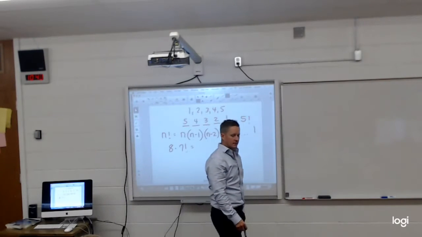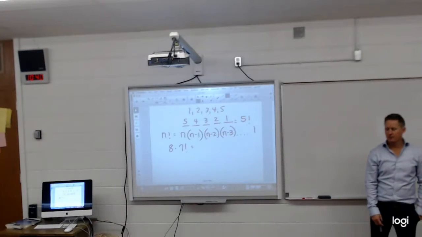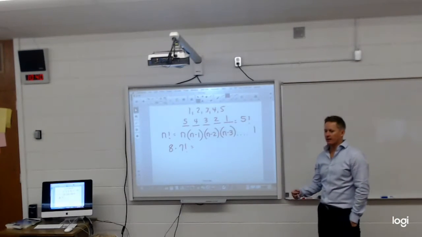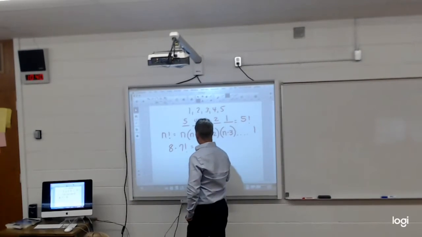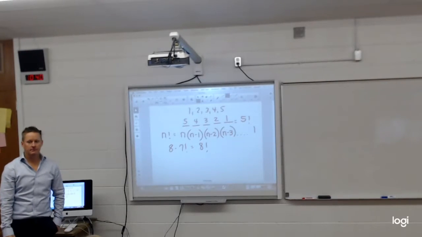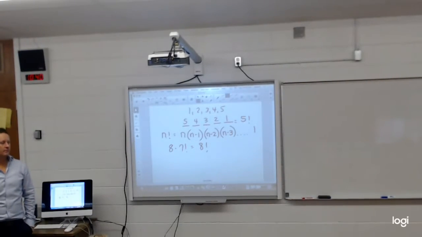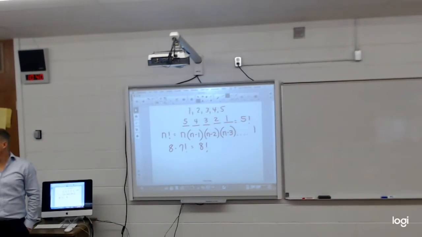What is 8 times 7 times 6 times 5 times 4 times 3 times 2 times 1? It's 8 factorial. 7 factorial is 7 times 6 times 5 times 4 times 3 times 2 times 1, and 8 times that is 8 factorial.